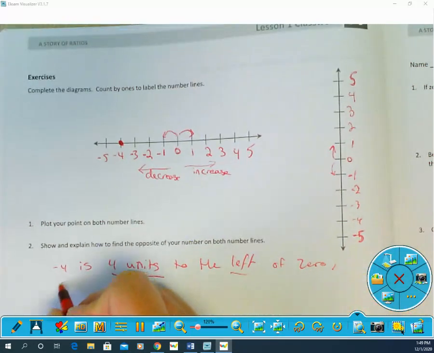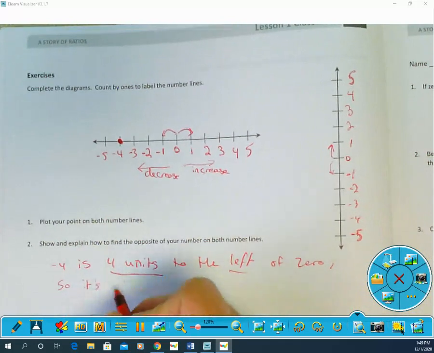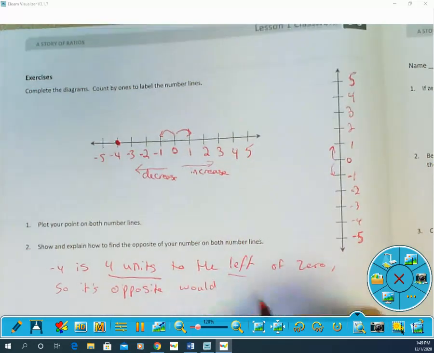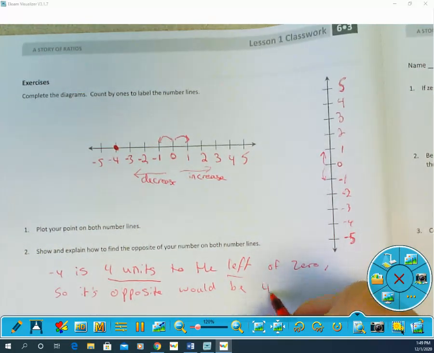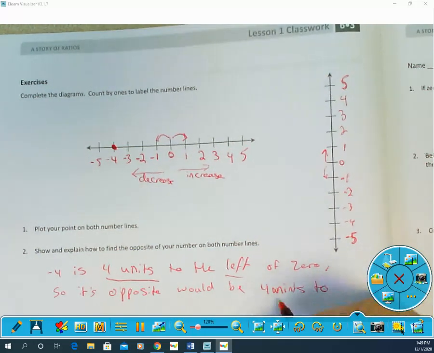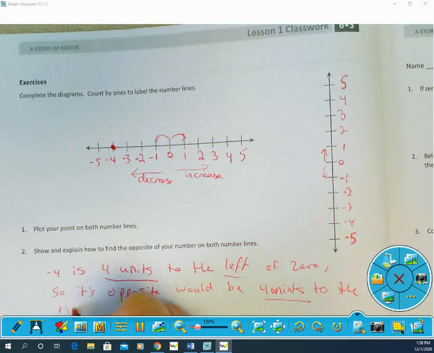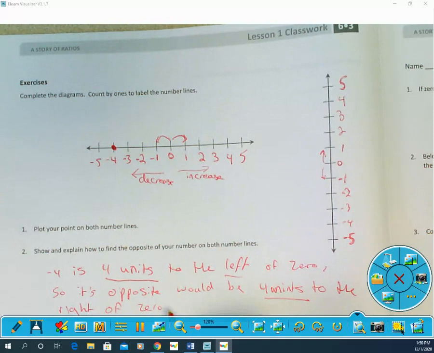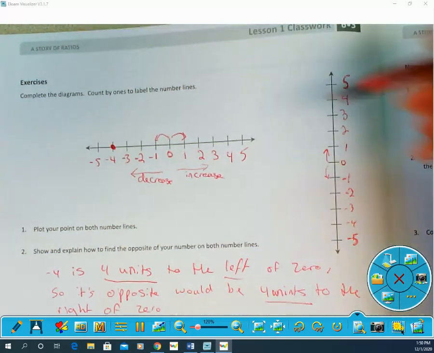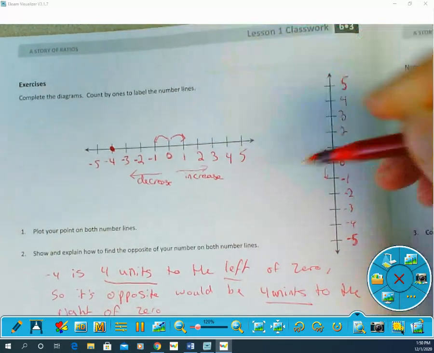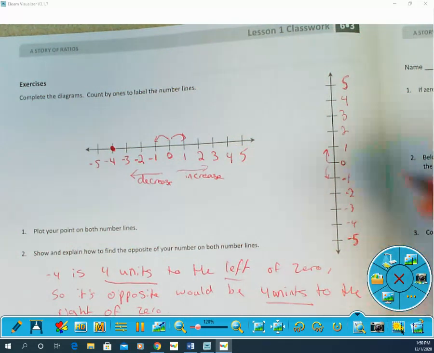So its opposite would be found 4 units, starting back at 0, I'd go 4 units to the right, 1, 2, 3, 4, and that would be its opposite.